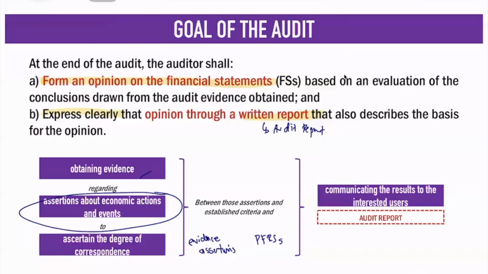You look into the degree of correspondence of those assertions with your established criteria, which is your PFRS. Ultimately, from that evaluation of the evidence, we communicate the results to the intended users through your audit report. So that's the goal of the audit, pursuant to the definition of auditing.